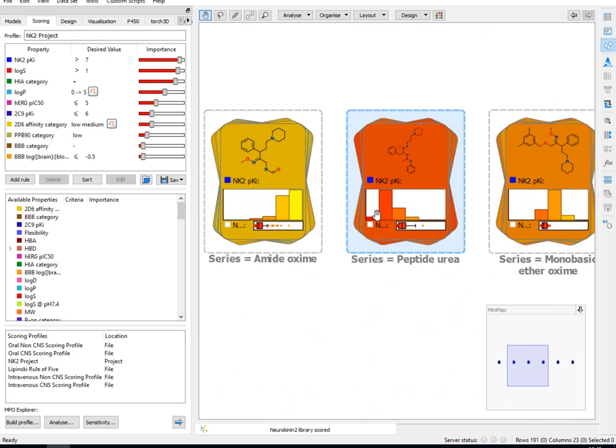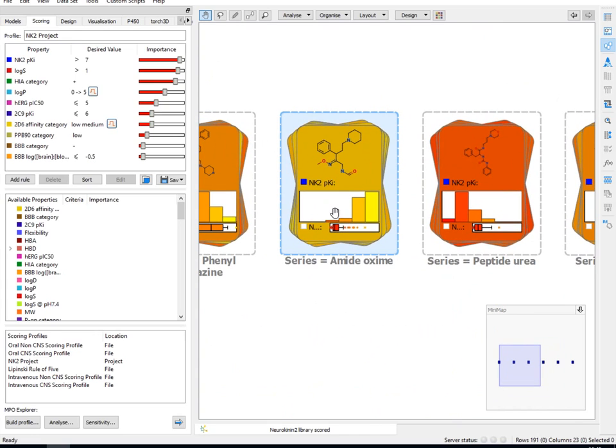And so what you can see, this series, for example, is very low potency, so not very interesting. This amide-oxime series we saw before is extremely potent, lots of very potent compounds, but actually the scores here are not looking so good. There are a few decent ones, but actually the distribution is pretty poor. So perhaps some issues with physicochemical and ADME properties.